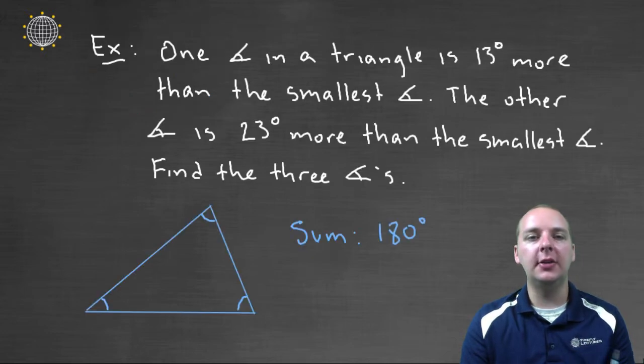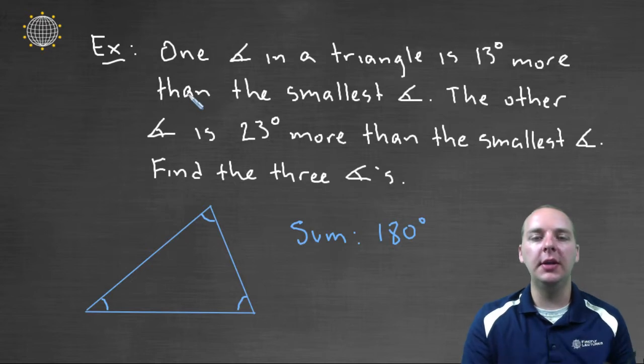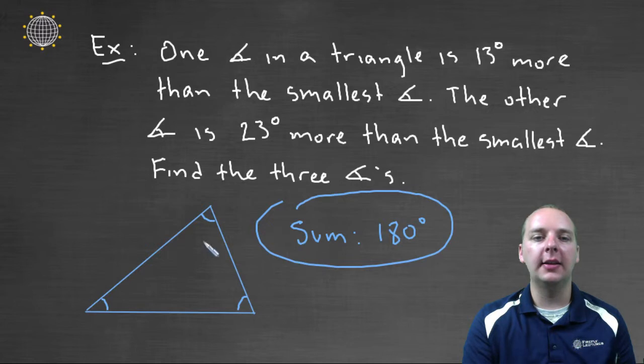All right, so that brings up step two. How do we take these unknowns and translate this word problem into an equation? Well, again, we're going to rely on the fact that the sum of these three angles adds up to 180.